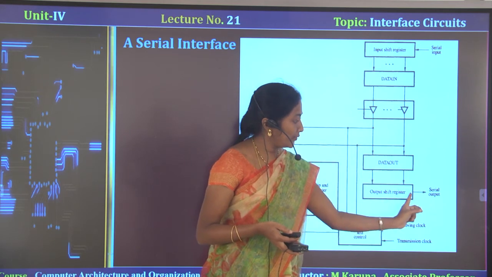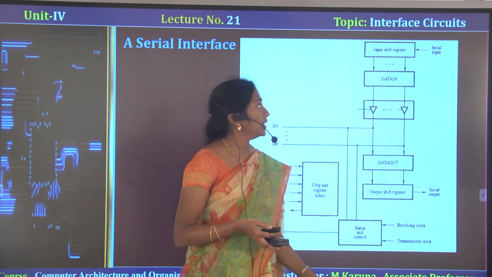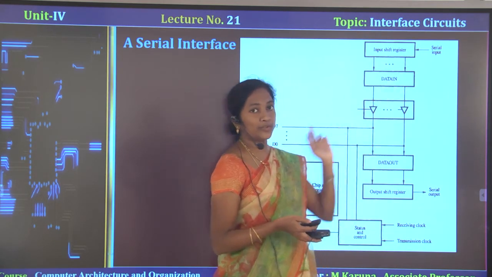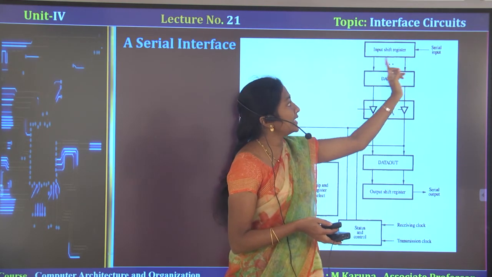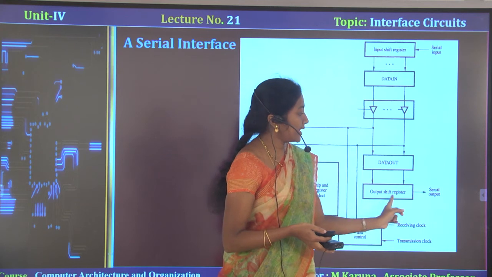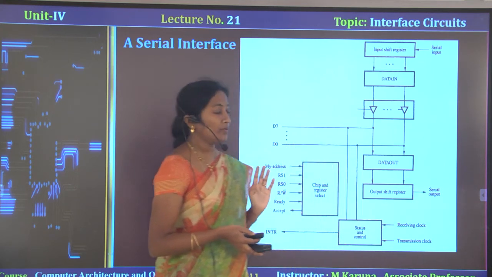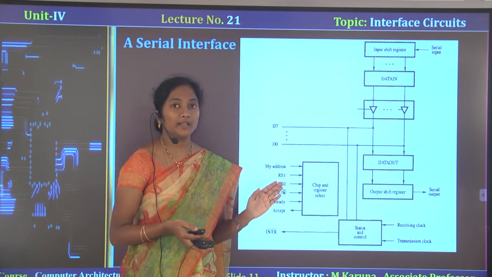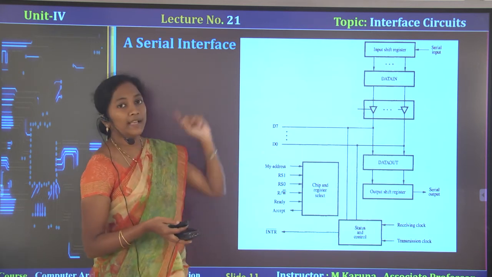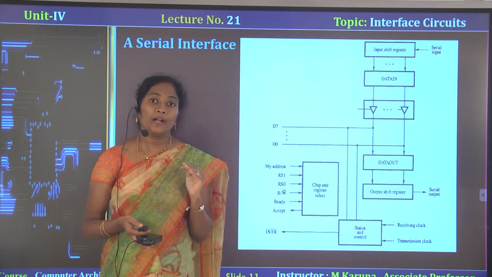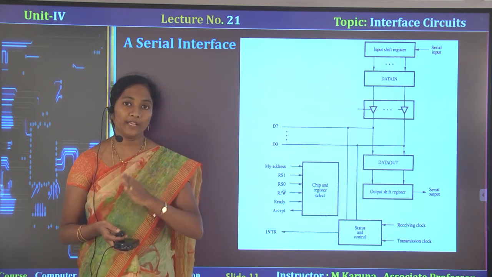That's what we mention here as serial output. In this case, serial input: the processor takes the input in serial fashion. Here the processor sends the output in serial fashion. To perform serial data transmission, we go for a serial interface circuit between processor and IO devices.